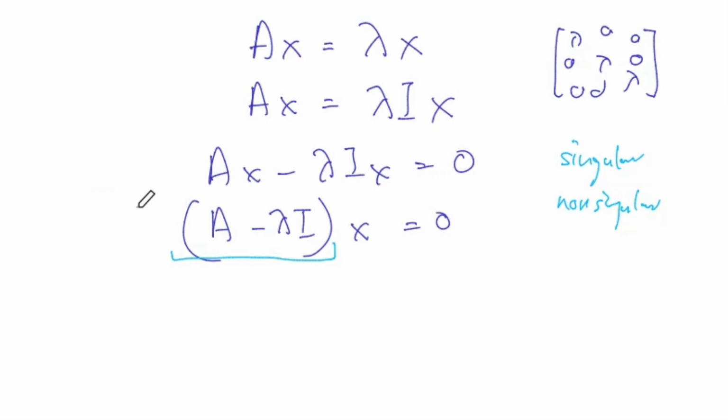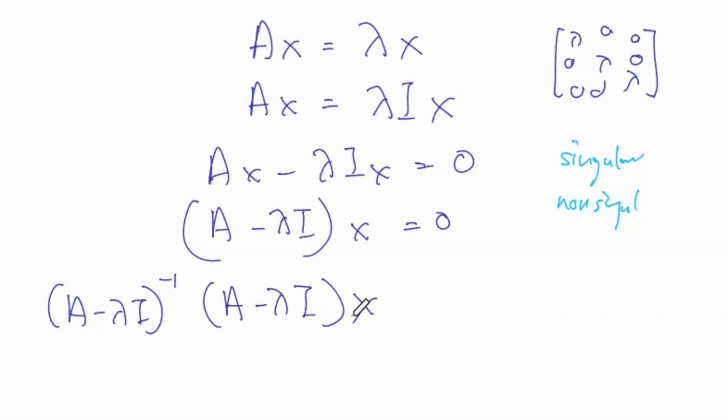Let me write this. If we multiply the whole thing with the inverse of this matrix, this one, A minus lambda I inverse, times 0.